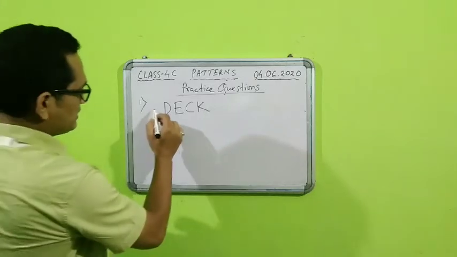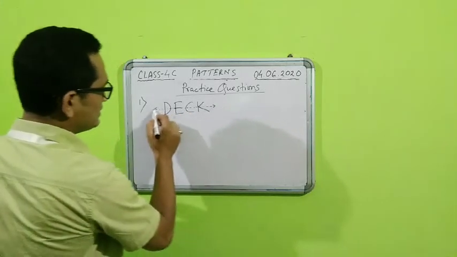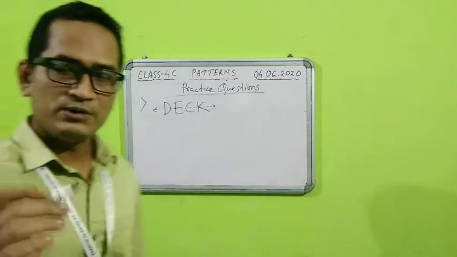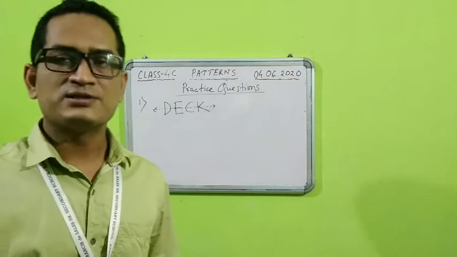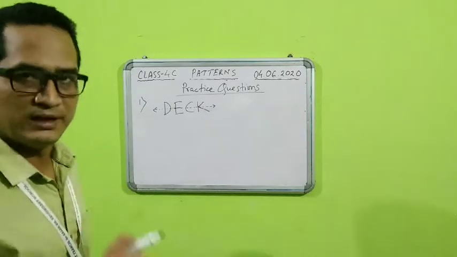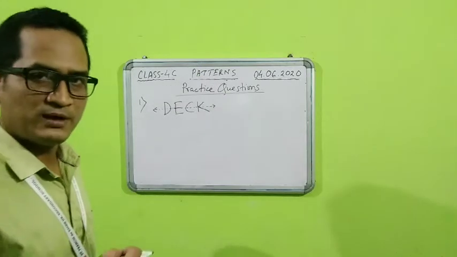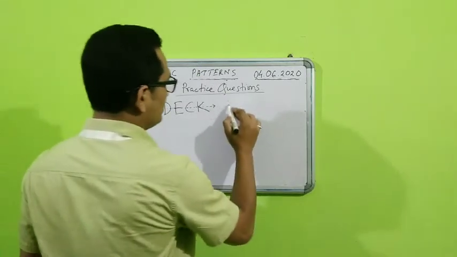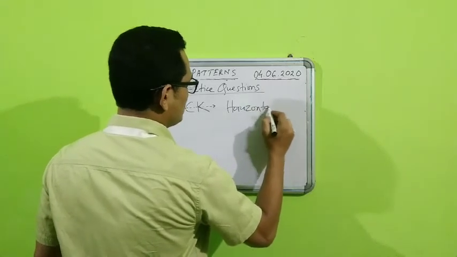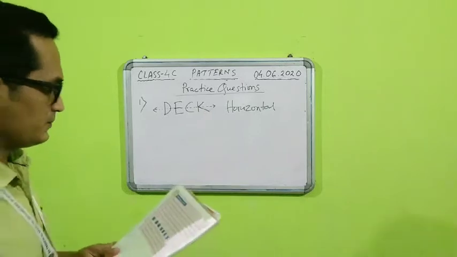Obviously students, I have to draw it horizontally, because the letters D, E, C and K have only the horizontal line of symmetry, so the whole word has to be divided horizontally only, so that the upper part and the below part, the top half and the bottom half, will be the same. So this will be horizontal, not vertical. Fine. So that is the answer for number 1.